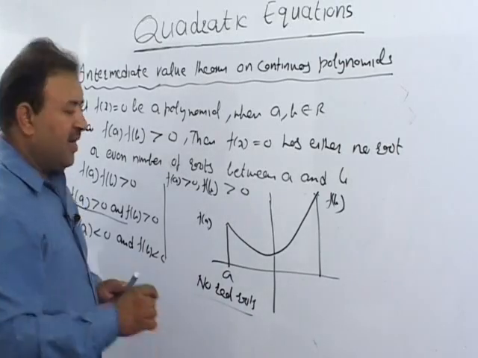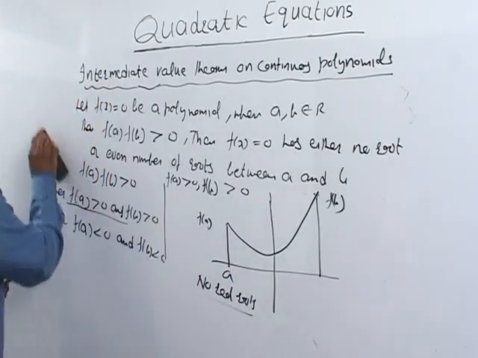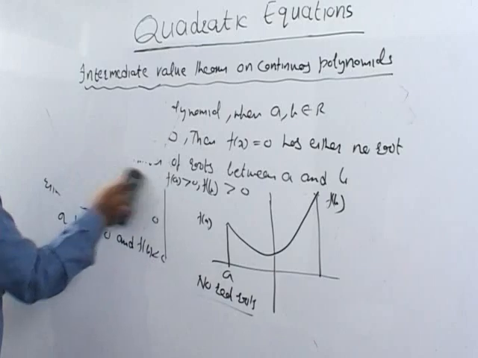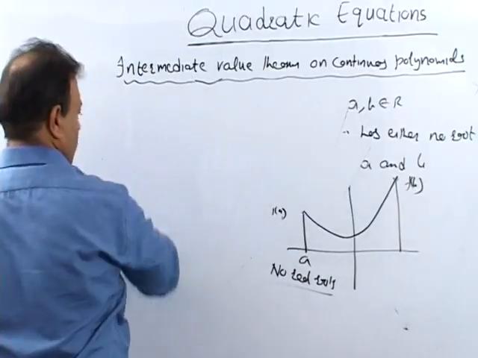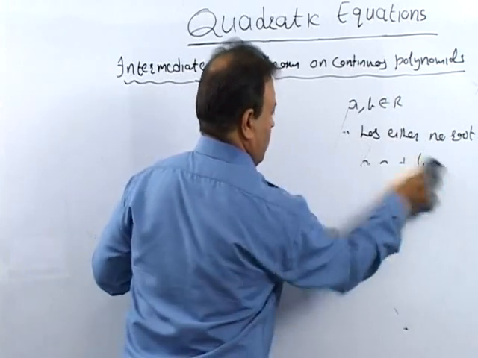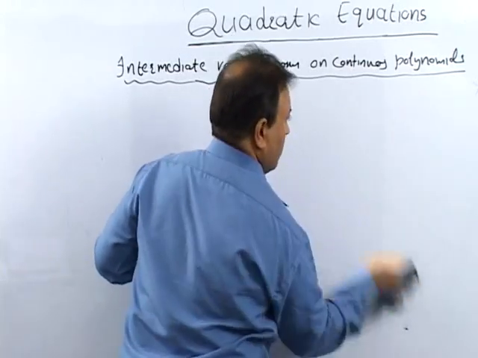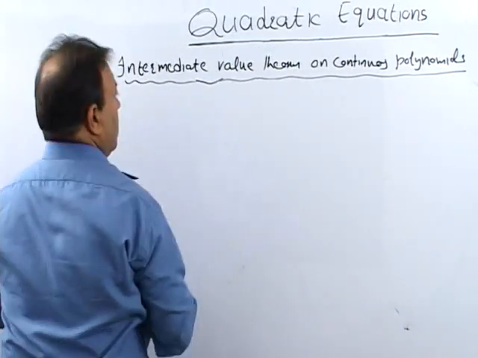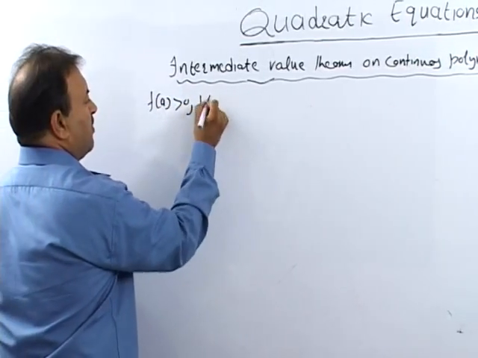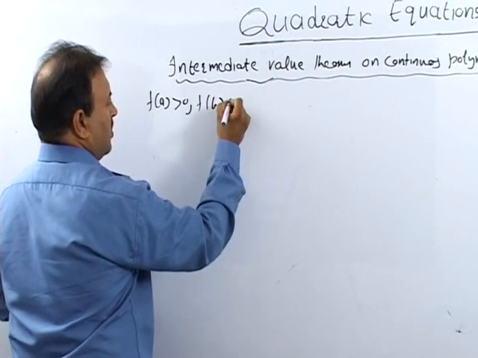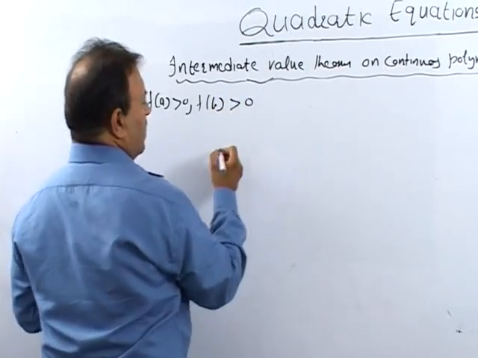Now I take another case. Another case is f(a) greater than 0, f(b) greater than 0, so both these quantities are positive.